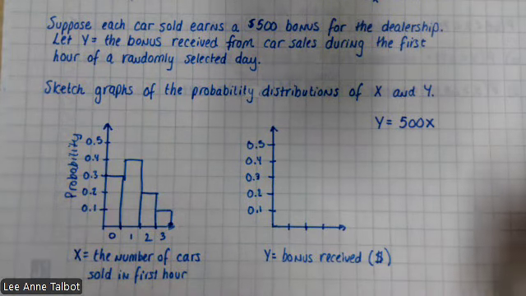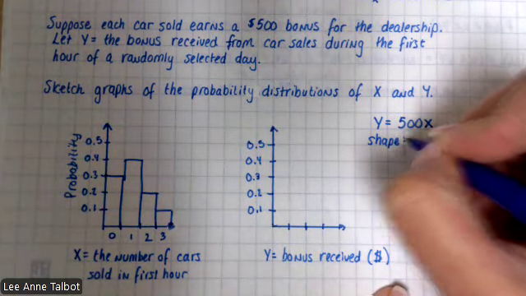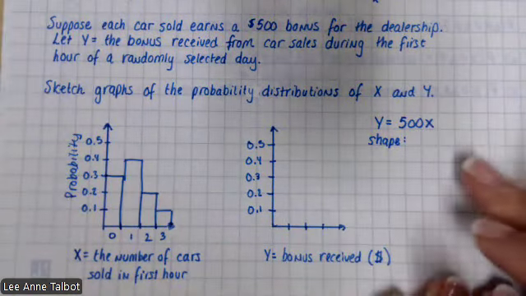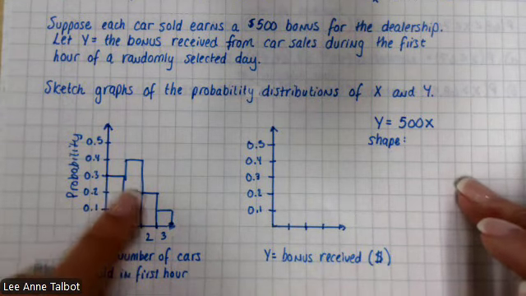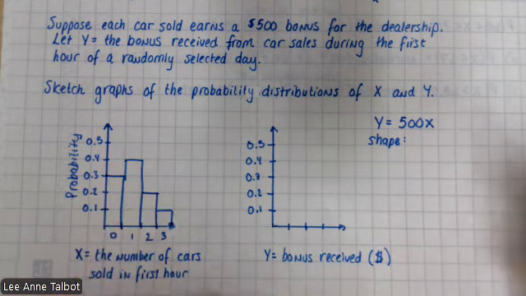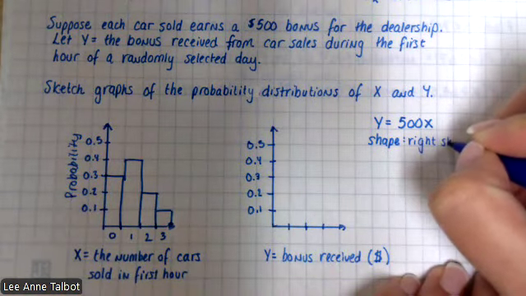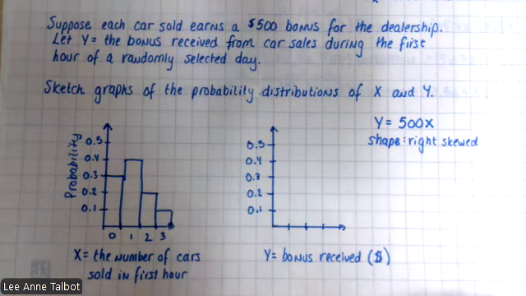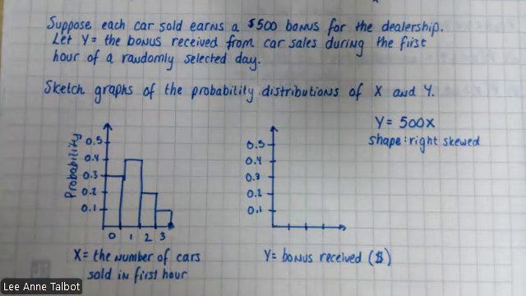Okay, now the shape of y equals 500x. What shape is this guy? Right skewed. Do you guys believe that the new shape will also be right skewed? Yes, because we multiplied by a constant, so the shape won't change.